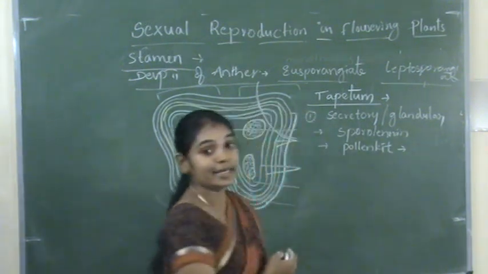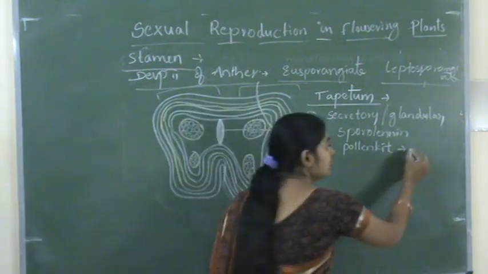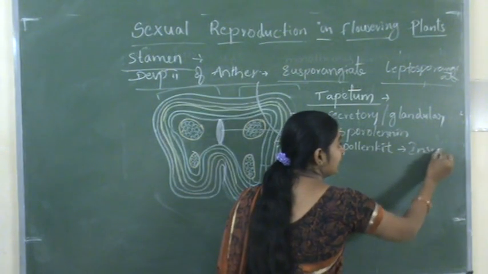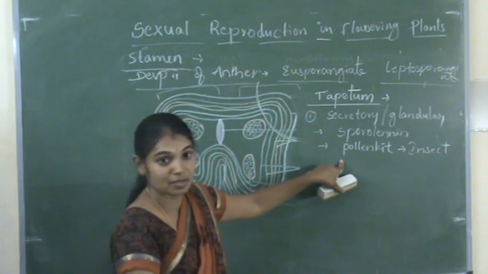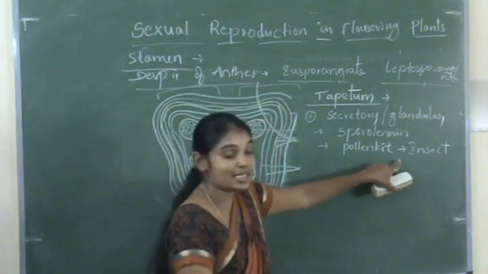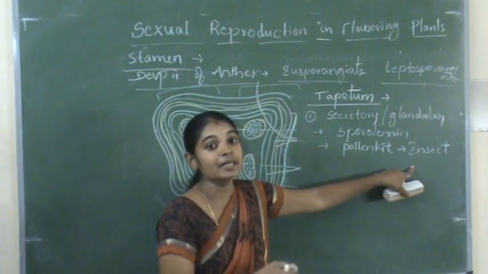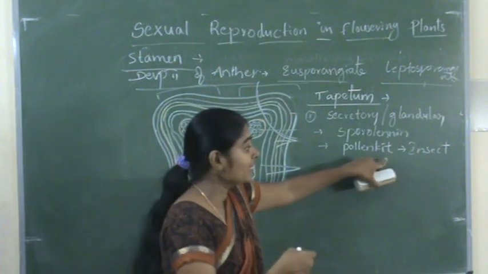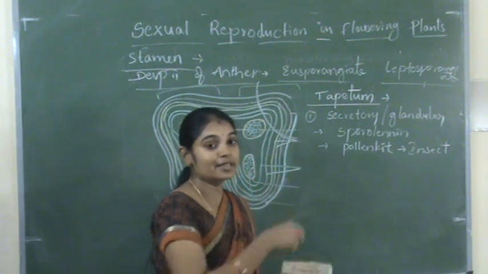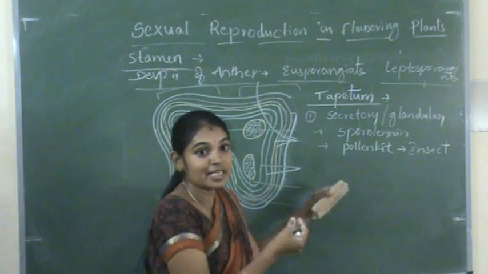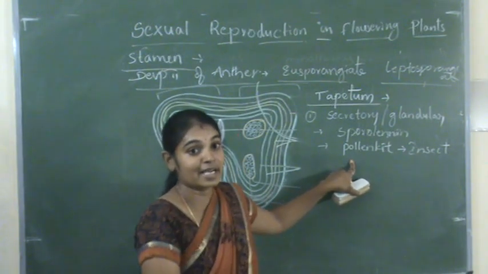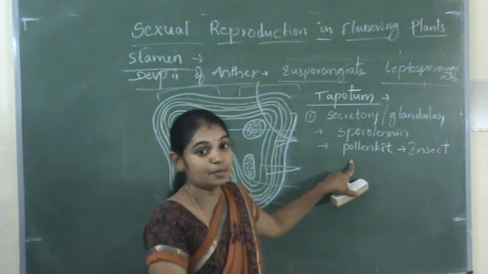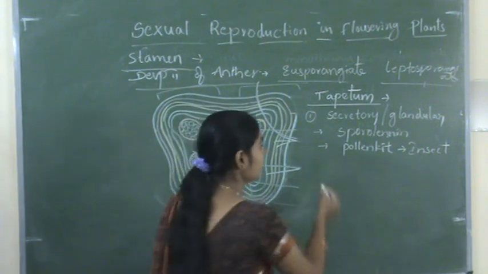Especially this pollen kit is present in insect pollinated plants. So when insects land on the flowers, with the help of this sticky pollen kit, the pollen grains are attached to the insects, which helps in pollination.